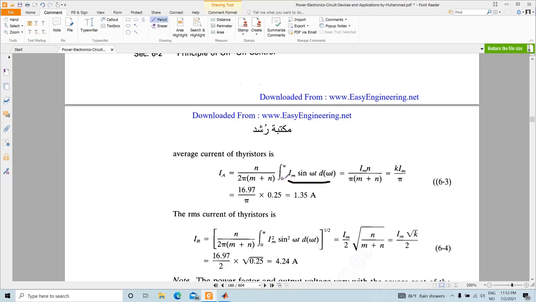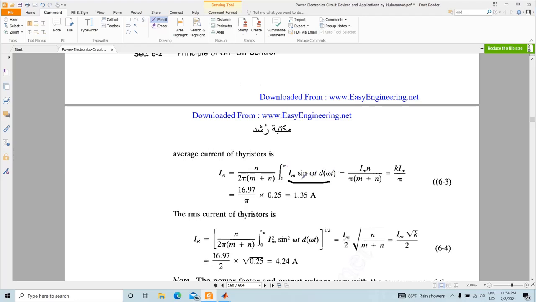The average current of the thyristor: you get the thyristor current equation and you integrate it for the whole period, and in this particular case this is n. So for n number of cycles this thyristor is turned on, so this should be n multiplied by Im sine omega t, and the whole time you divide by the whole time period, which is twice pi multiplied by m plus n, and you integrate it from 0 to pi.